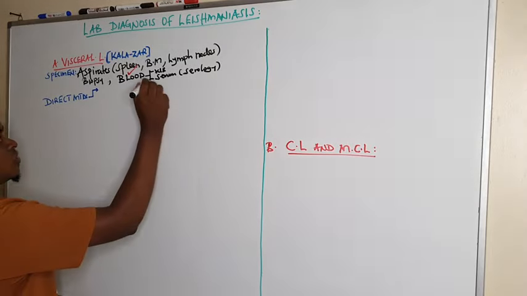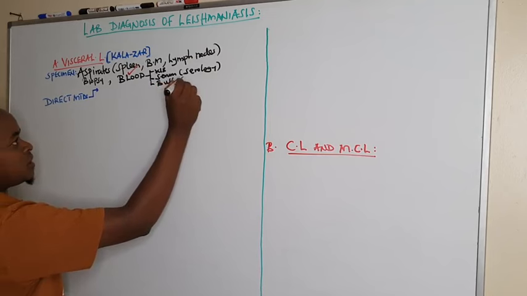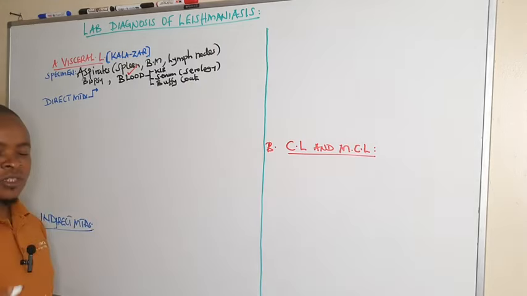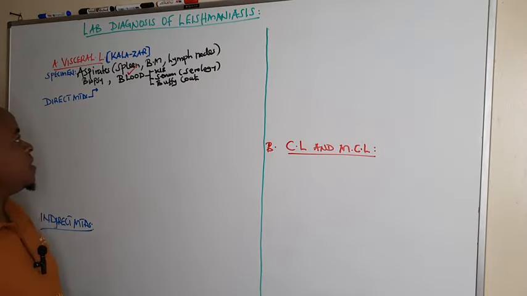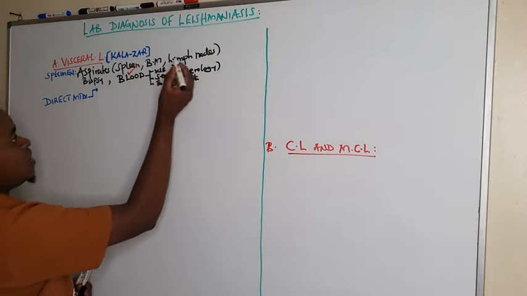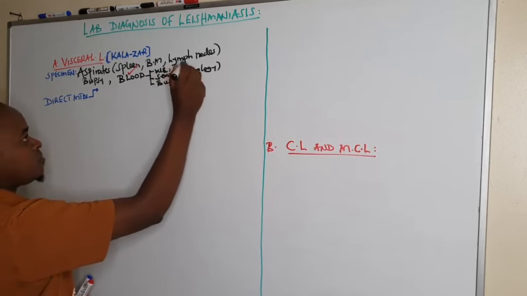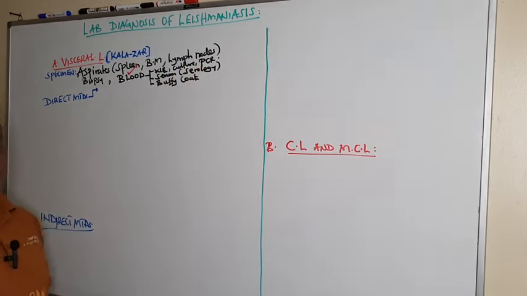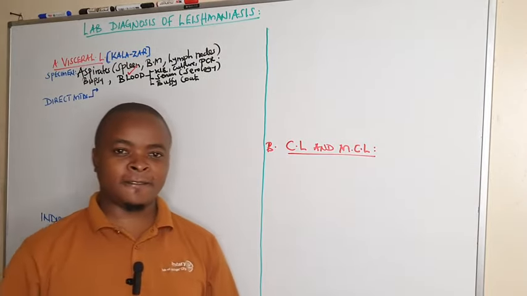We can also obtain the buffy coat. This buffy coat will enable us to perform a thin film to examine for presence of amastigotes. And whole blood, as we have seen, we can use for culture and PCR tests. Those are the specimens we are going to look at under visceral Leishmaniasis.